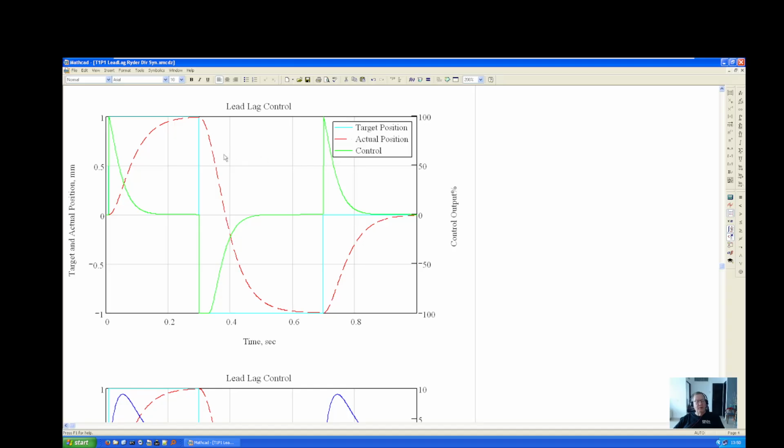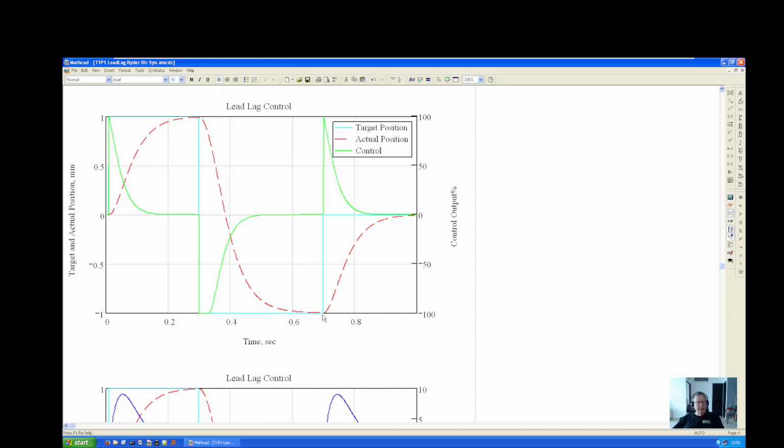And if I were to make a step from 1 to minus 1 millimeter, that's a step of 2 in the opposite direction, you can see that it saturates even more, and it takes more than 0.2 seconds to come down, because again, it's saturating. And this is what the instructors don't take into account. In reality, you have a controller that can output plus or minus 100%, whatever that is, like plus or minus 20 milliamps or plus or minus 10 volts.